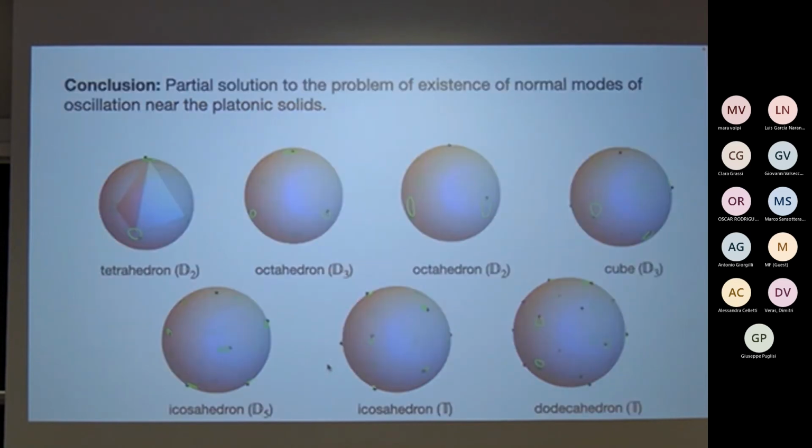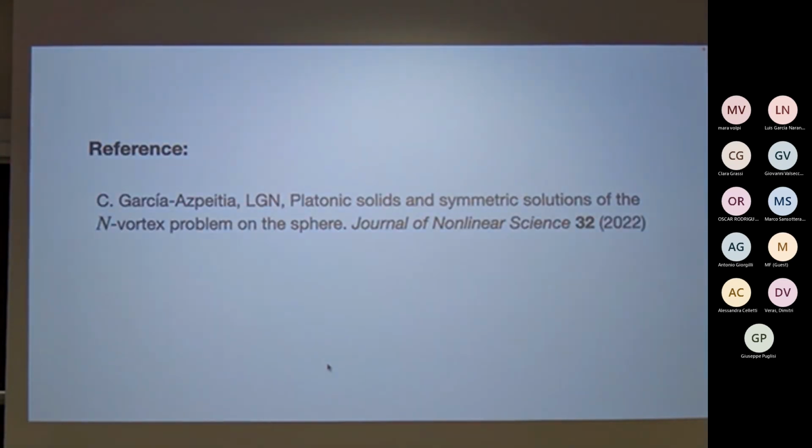So I guess the conclusion is we found some of the normal modes of oscillation near the Platonic solids by fixing different symmetry groups and fixing some of the vortices not to move in certain cases. Whether these are all of the normal modes or not, we haven't really looked into that question. And this is the reference, the paper that we just got published.